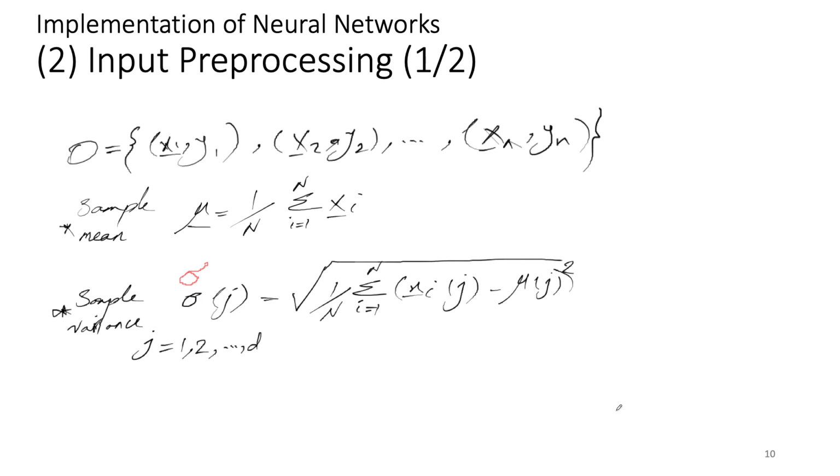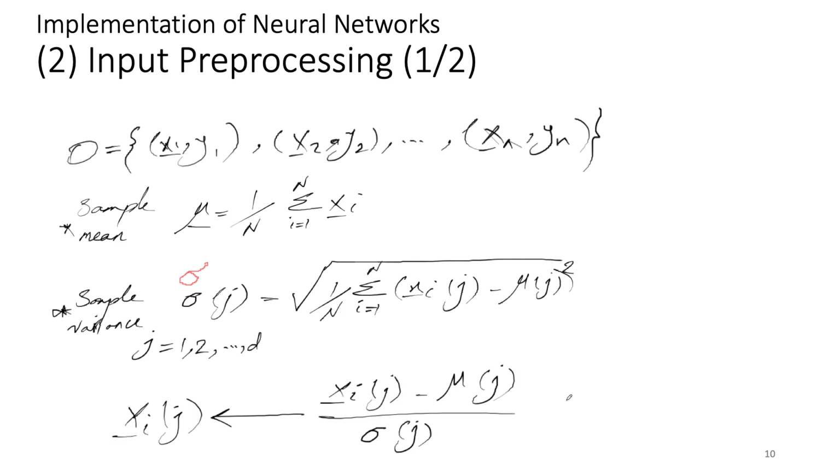There are many different ways to normalize it, and countless other approaches. This is one way to pre-process your data: you subtract the mean from your x's, and then you divide it by your variance.